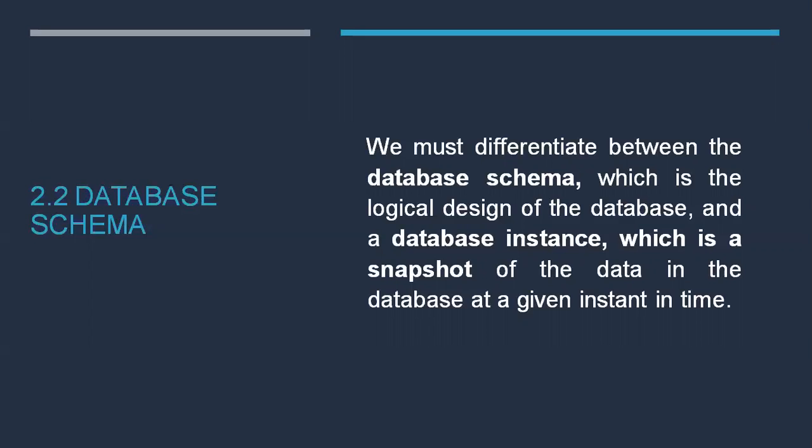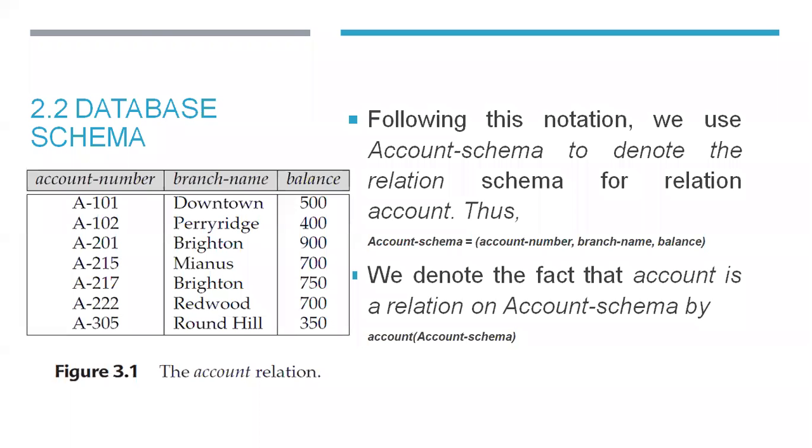Whenever we say database instance, at that particular time, what is the status of a particular table? That is nothing but database instance. Every second, the seat availability may change. So instance, I think you got it, is nothing but a snapshot of the data in a database at a given instant of time.